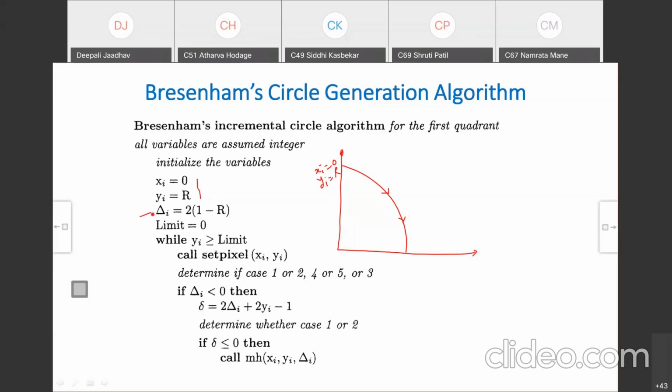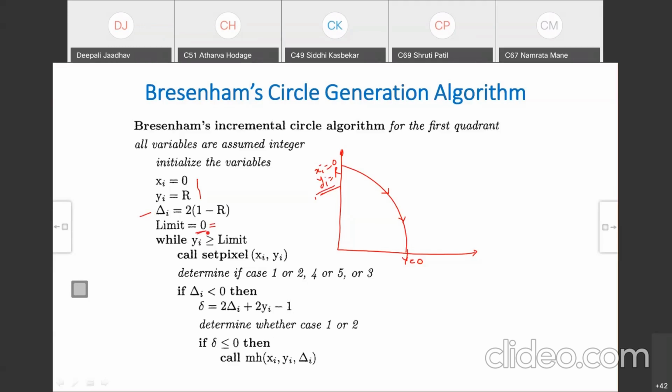Delta i is calculated with this equation, 2 into (1 minus r). Limit is equal to 0. What does it mean? We start with y equal to r and decrement it, and when y becomes 0, stop there. So what is our limit here? Until limit becomes 0, up to this we are going to execute the algorithm.